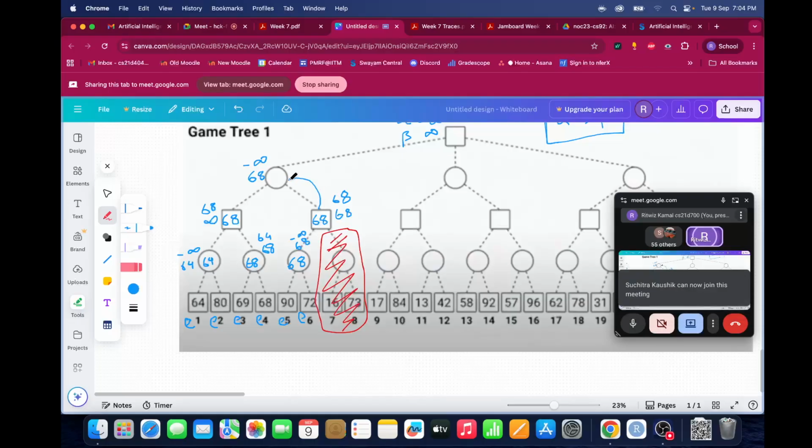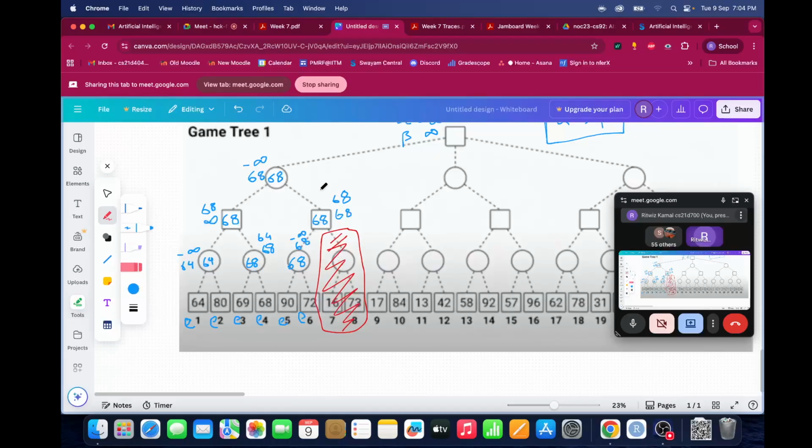This will be passed on to the parent min node. This already has a beta value of 68 and the beta value being offered is 68, so nothing will change, and this will also have a returning value of 68. With me till this point?